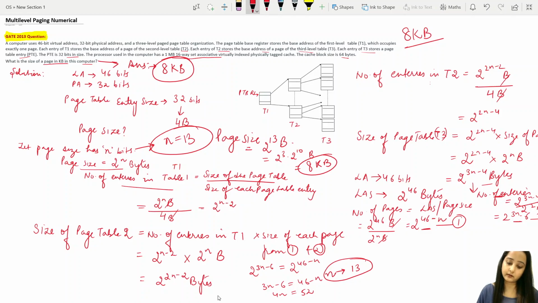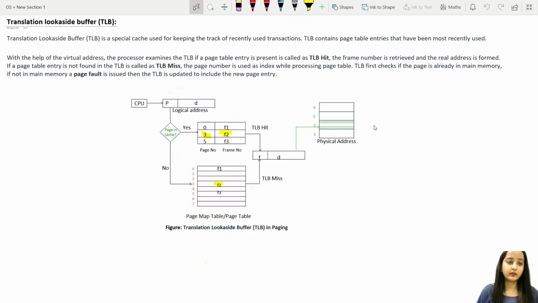Next one is TLB, that is translation lookaside buffer. So in paging, the CPU accesses the main memory 2 times. First for the page map table, and second time to find the page in the main memory by finding the particular frame, right?